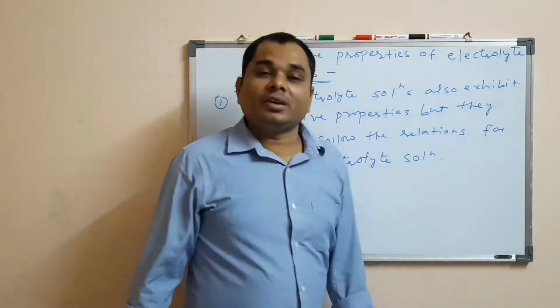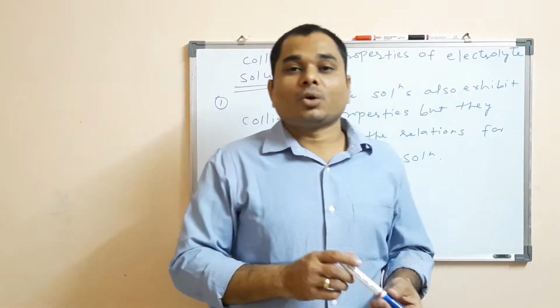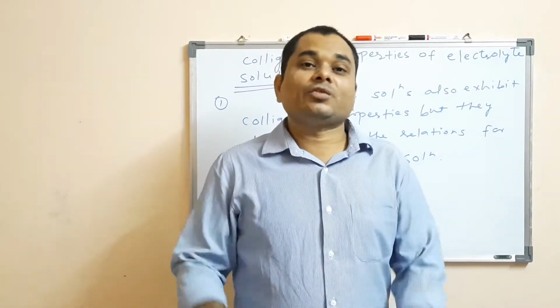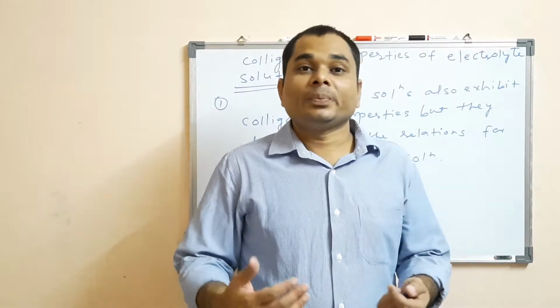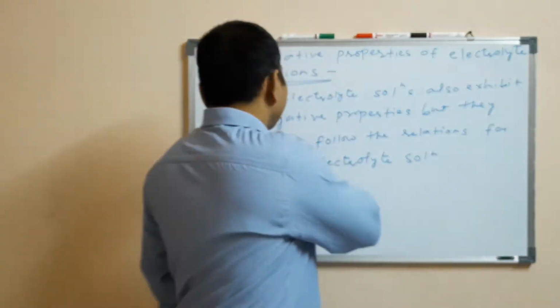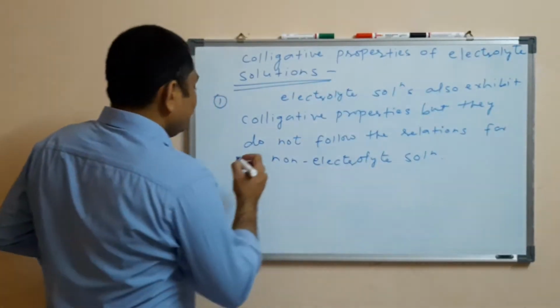That means what we have seen certain relations for colligative properties in case of solutions of non-electrolytes. So whatever equations we had seen there, whatever relations we had seen, those relations are not followed as such by the electrolyte solution.